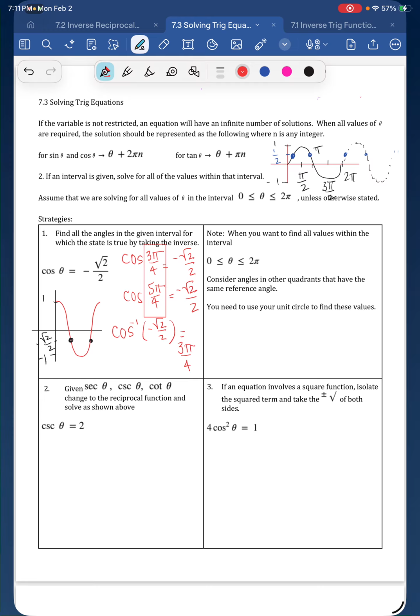The number 2 says they want you to solve cosecant equals 2. Okay, so remember, you're looking at a different curve. This is not the same as the inverse cosecant of 2. The inverse cosecant of 2 has one answer.